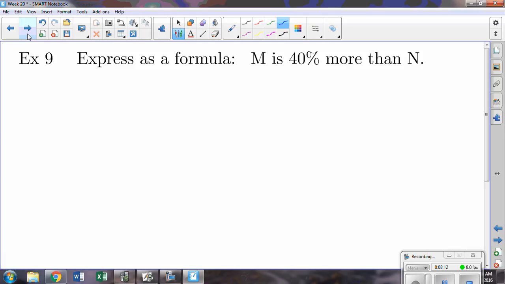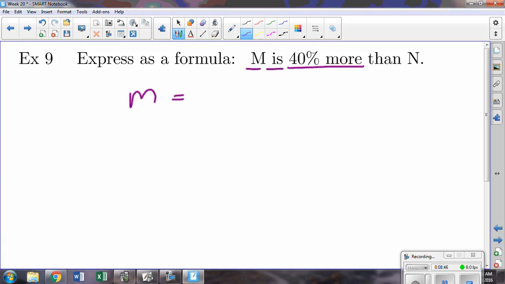Let's write this as a formula. M is 40% more than N. Well, we could quite quickly build M equals. How do we then continue it? With 40% more. Think back to what we were just doing on the table.